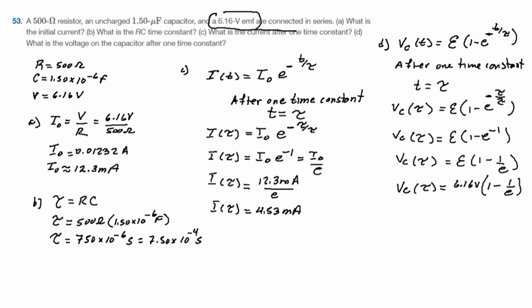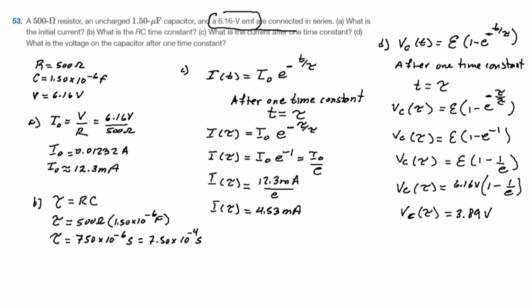Remember that e is the Euler's number, 2.78, blah, blah, blah. So we see the voltage in the capacitor at one time constant. When you calculate that, you get 3.89 volts.